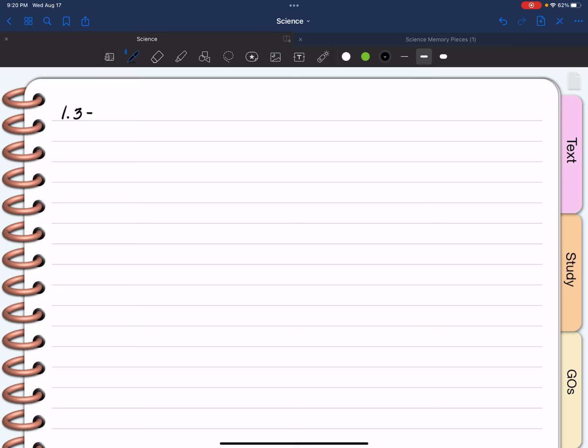1.3. I want us to explain the three main types of graphs, and we'll have to remember what those three main types are.